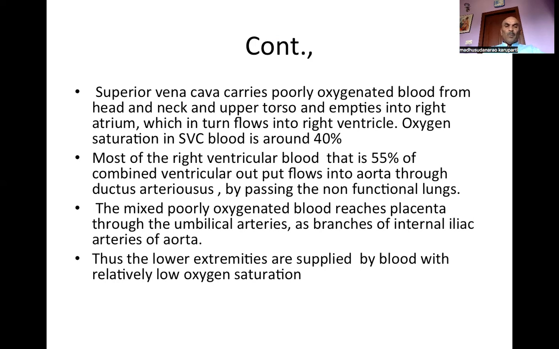Most of the right ventricle blood, that is more than 55% of the combined ventricular output, flows into the aorta through the ductus arteriosus, bypassing the non-functional lungs. The mixed poorly oxygenated blood reaches the placenta through the umbilical arteries, the branches of the internal iliac arteries. Thus, the lower extremities are supplied by blood with relatively low oxygen saturation.